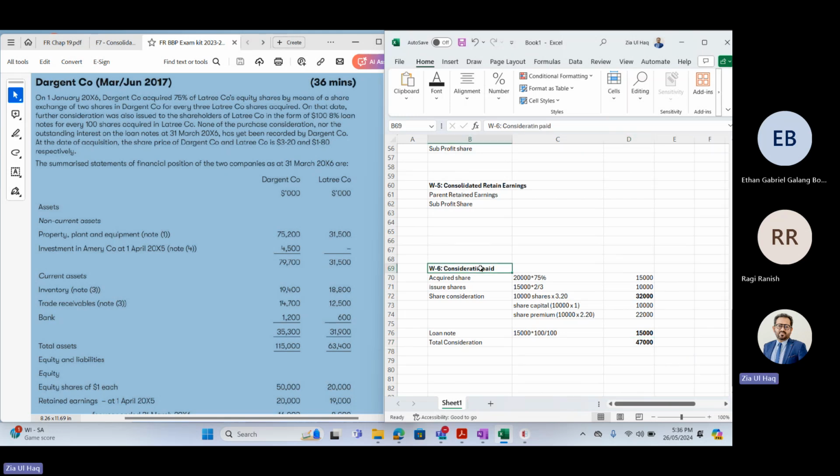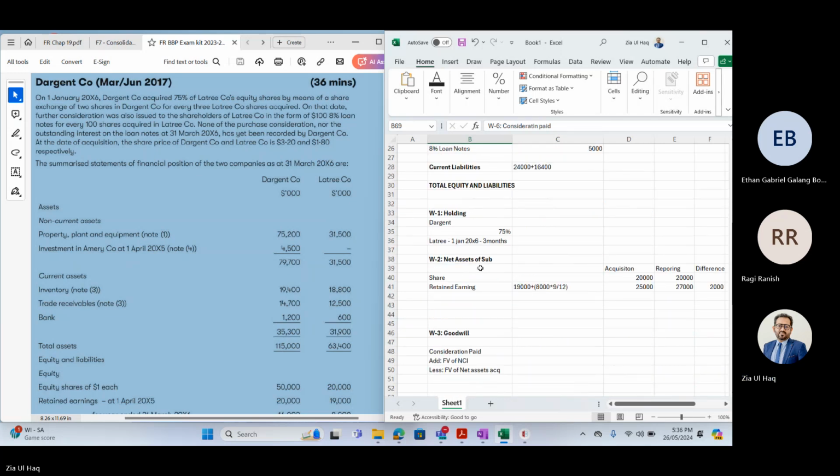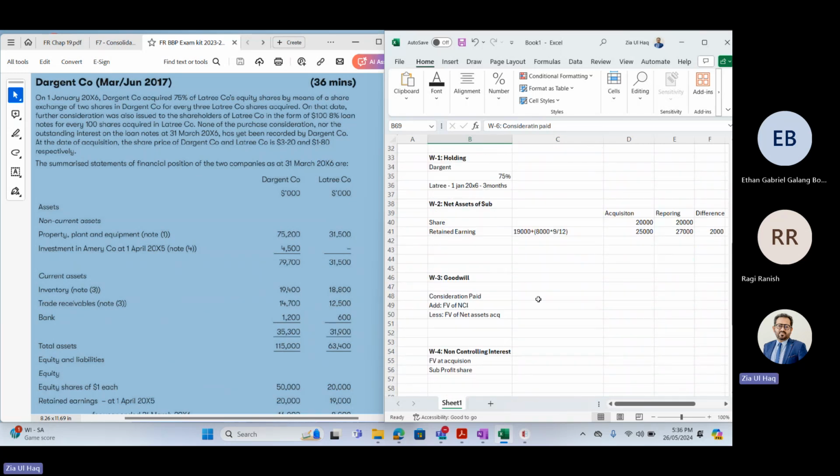In working 6, we have found the consideration paid for goodwill. Consideration paid from working 6, we have found that total consideration is 47,000. Is that?